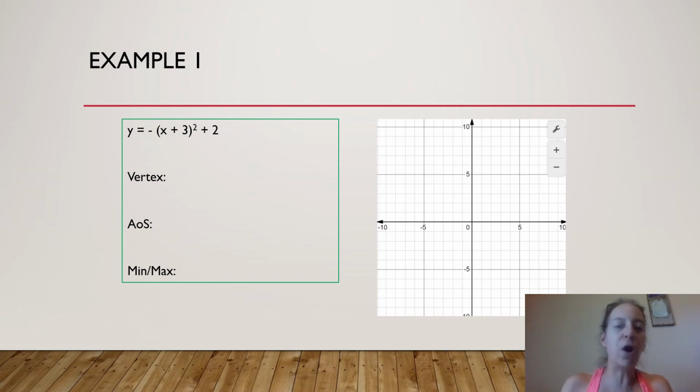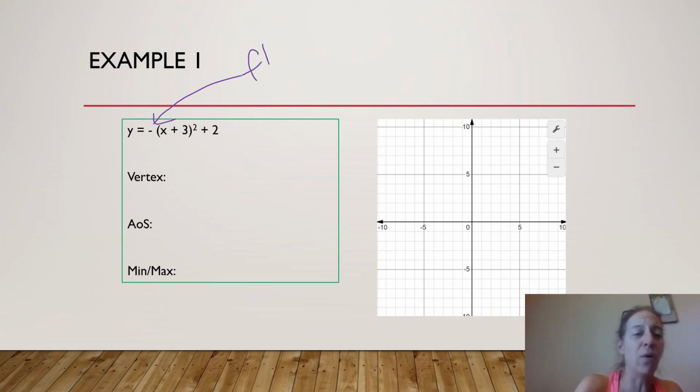So for our first example, we're going to do 2 examples, and then you're going to be released to do 2 practice. So we've got over there the function y equals negative (x plus 3) all squared plus 2. What probably will help is to go through the transformations, which we covered in the last lesson.